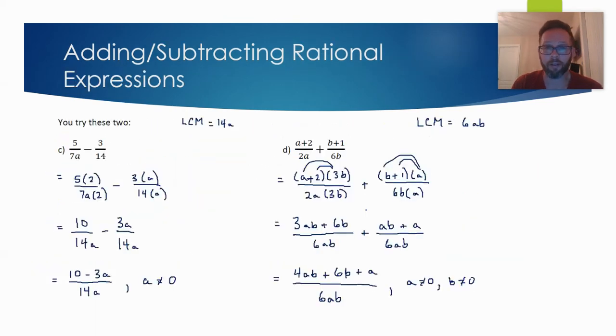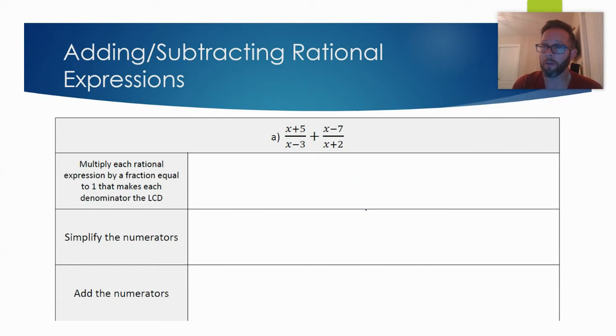It's a lot like this example here. The lowest common multiple of x minus 3 and x plus 2, there's no way to kind of mash those together to get a lowest common multiple. You just got to multiply them. So the LCM here is just x minus 3 times x plus 2. So that's it. You just multiply them. These ones aren't so bad.